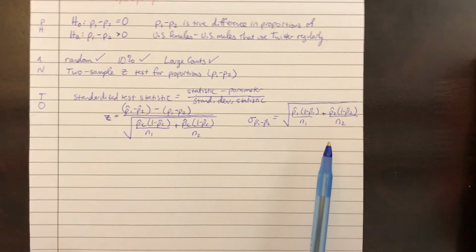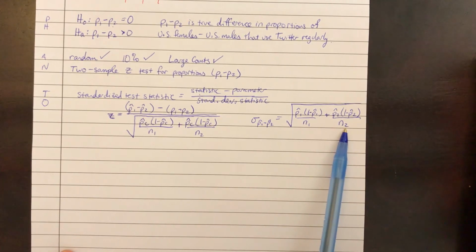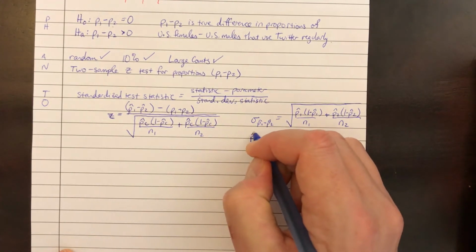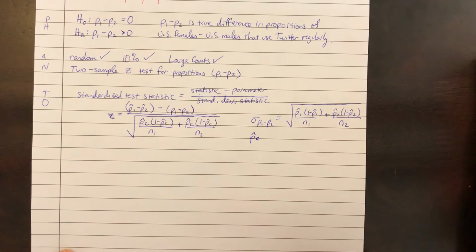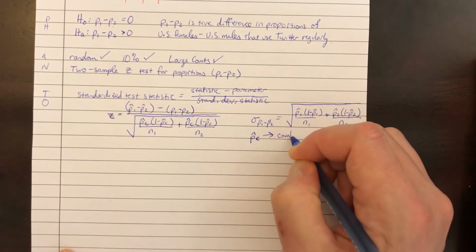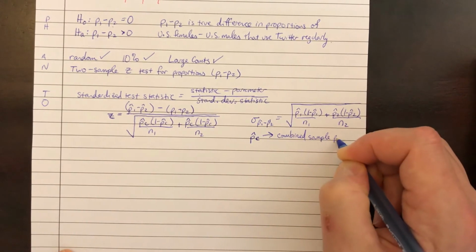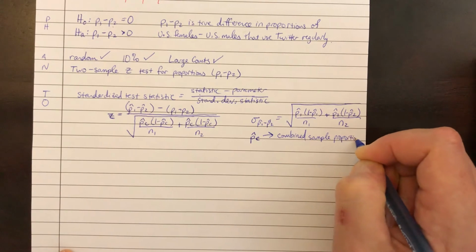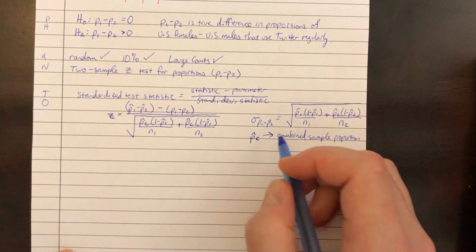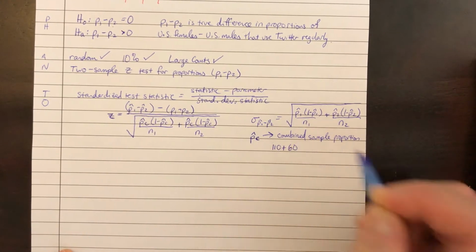What happens here is that we need to come up with a good estimate for these values. And the way we'll do that is we're going to find the sample proportion combined. So that C stands for the combined sample proportion. So what we're going to do is take the number of females that use Twitter regularly and combine that with the number of males that use it.